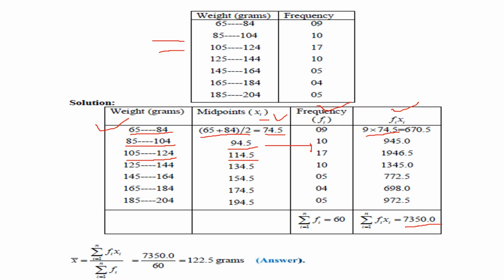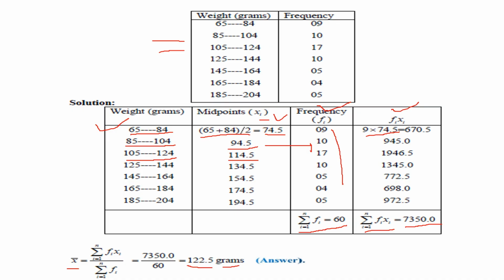This is called the summation fi xi, and this is the sum of these frequencies, called summation fi, which is 60. So the mean is summation fi xi divided by summation fi, which gives 122.5 grams. This is one way to find the mean of this type of data.